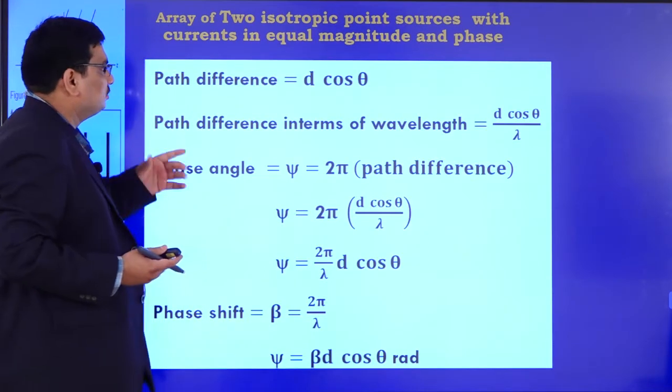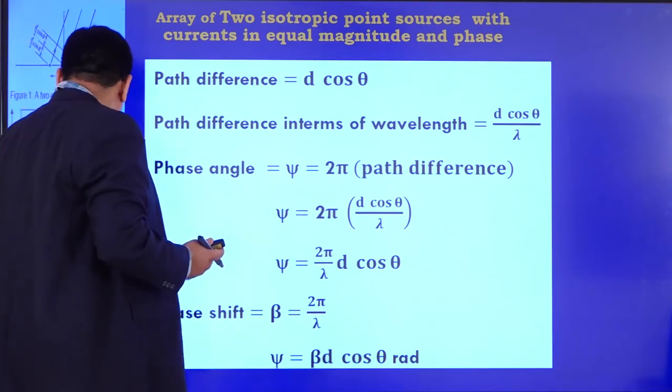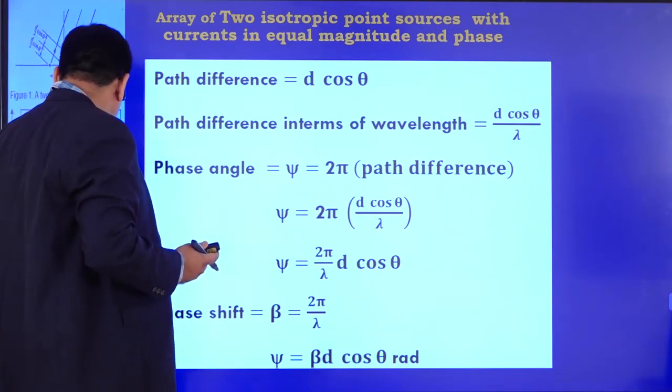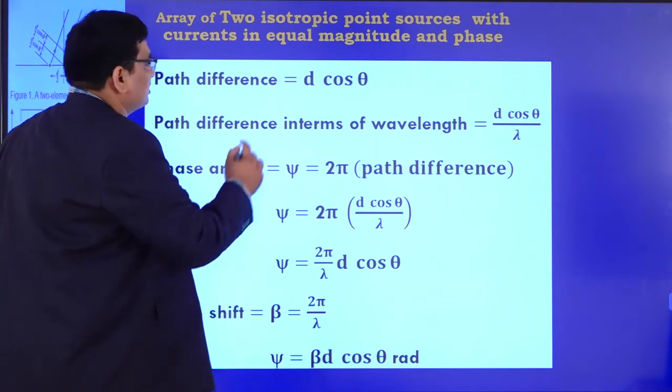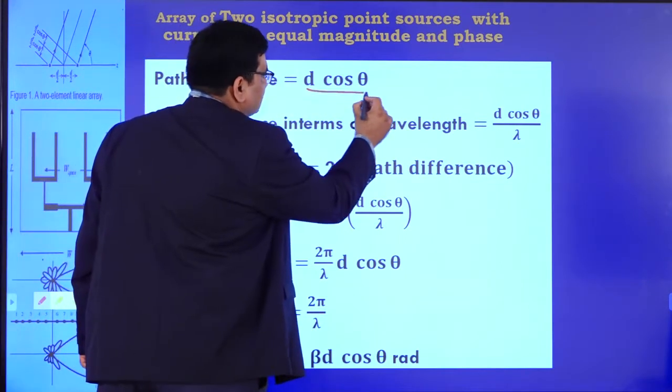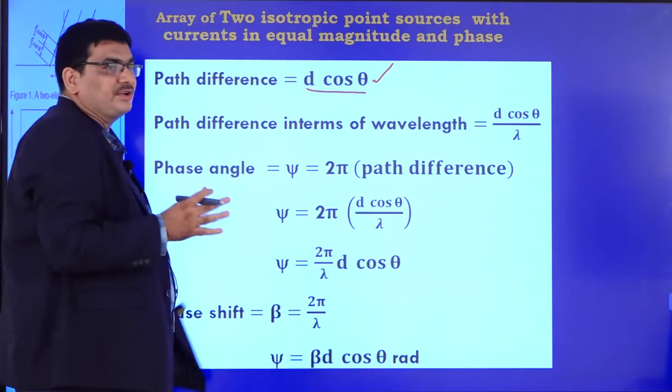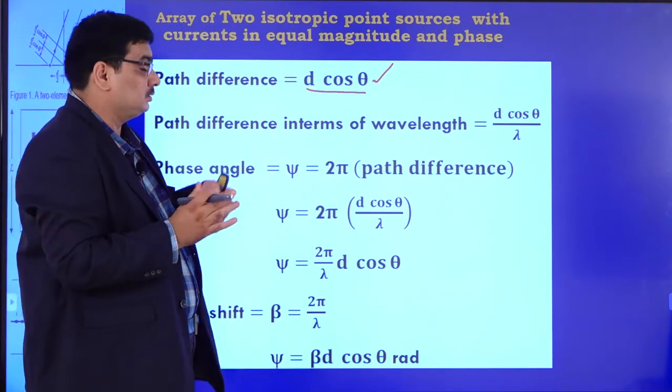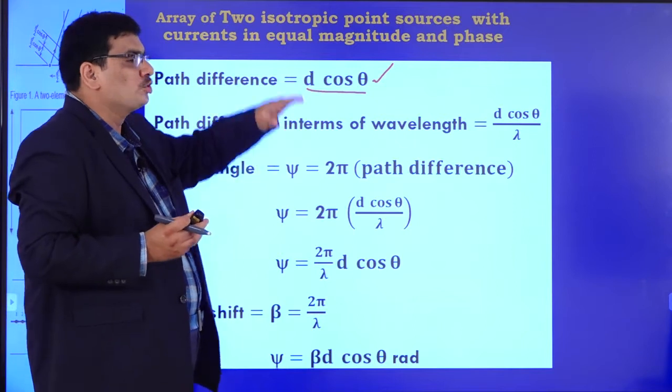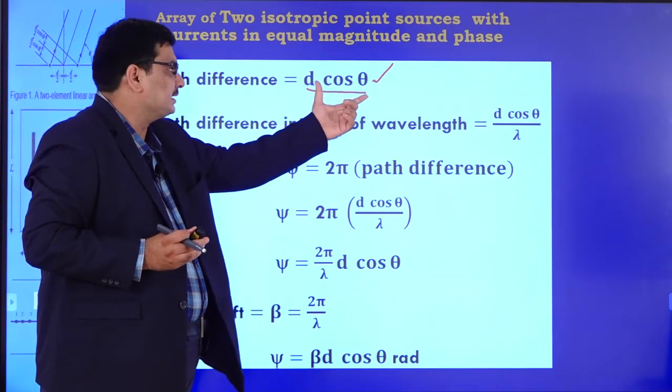The path difference between the two elements is d cos theta. We saw that the difference for A1 and A2 to reach the point P is d cos theta.